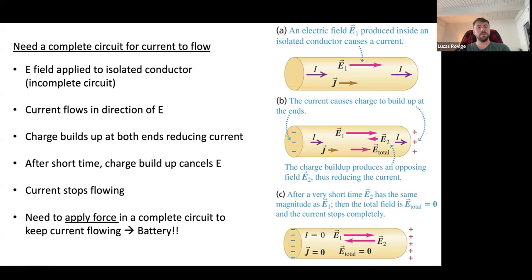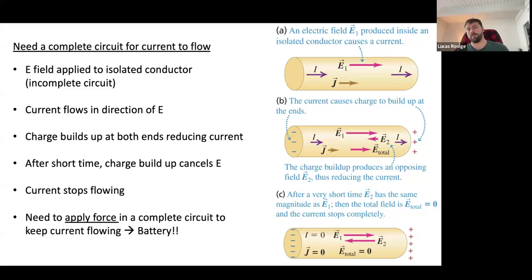All right. So we're going to come back to the concept of the potential difference and the energy brought by what we've called the battery before in the system.